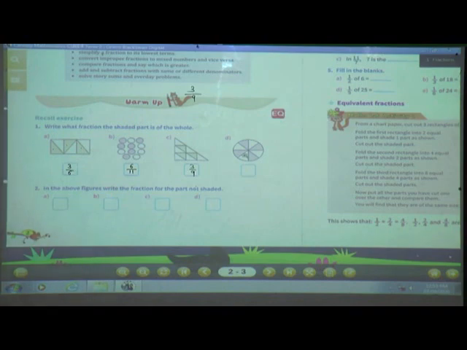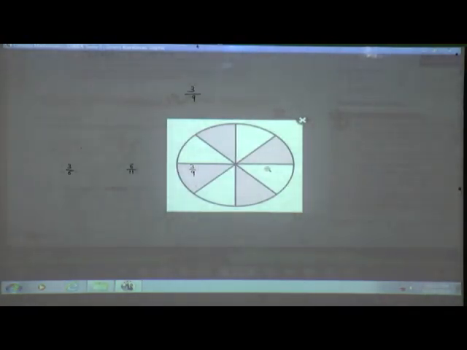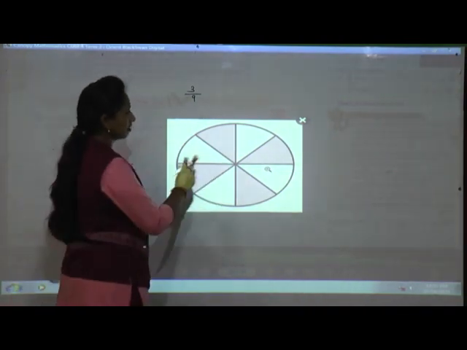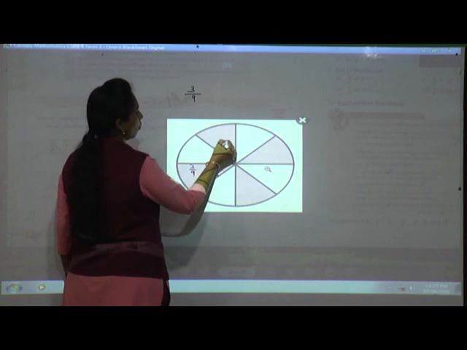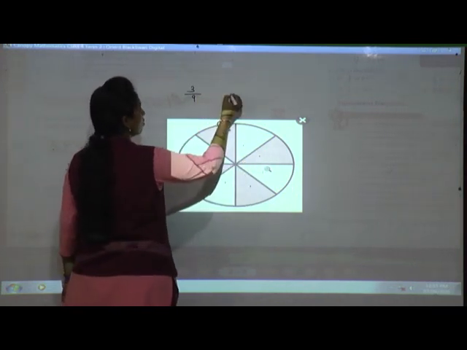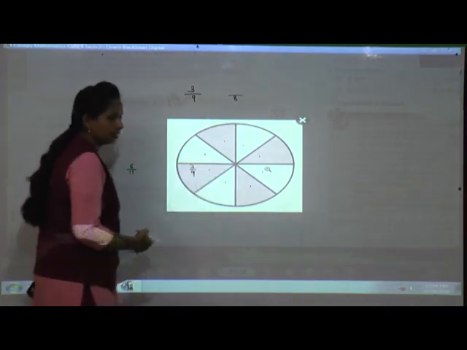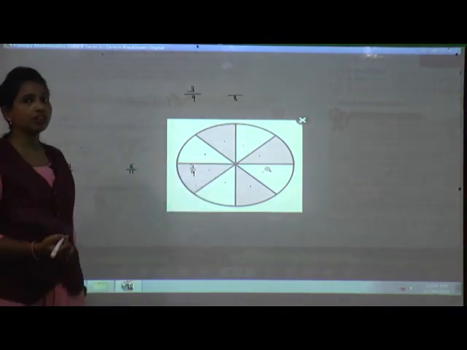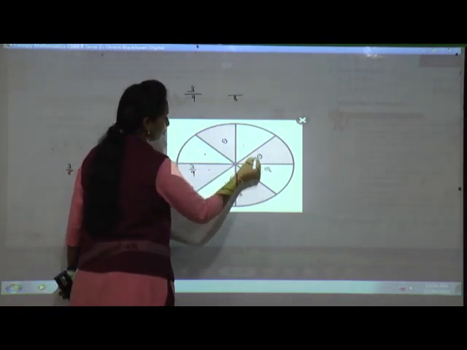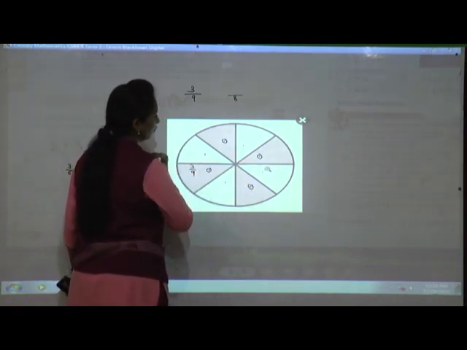Now see this shape, circle, isn't it? Now in the circle how many parts are there? Let's count. 1, 2, 3, 4, 5, 6, 7, 8. So write at the bottom 8. Now we have to find out how many parts are colored. Now see 1, 2, 3 and 4.